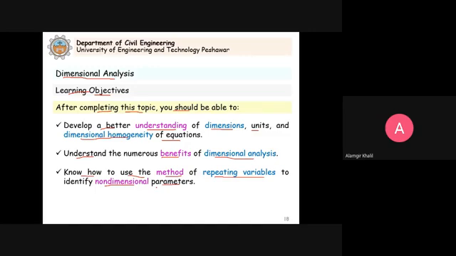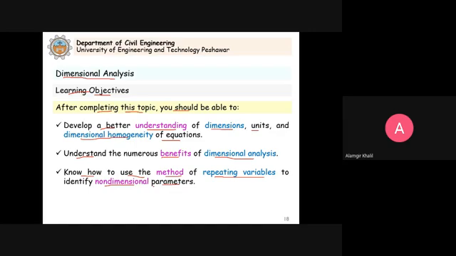For example, the Reynolds number, the Froude number, the other dimensionless numbers that I told you, and there are many dimensionless numbers. Clear? In fluid mechanics, many, as I told you, more than 150 are mentioned in the Handbook of Fluid Dynamics by Johnson.